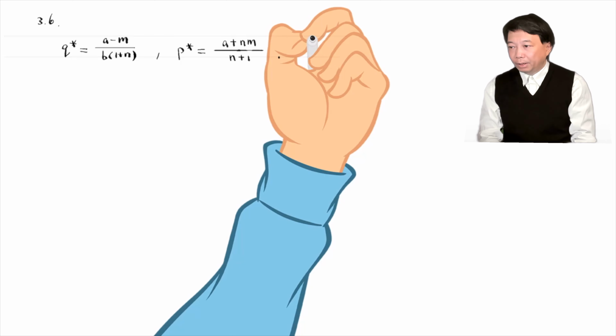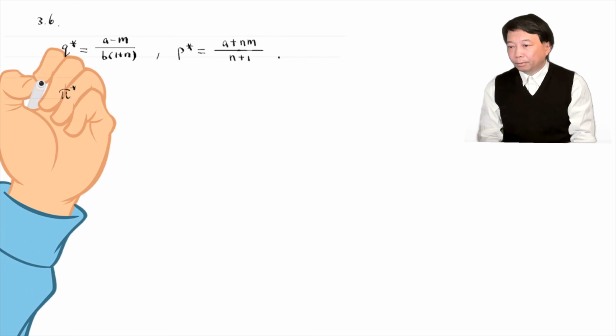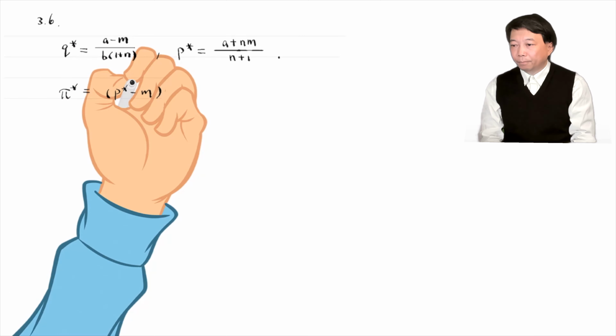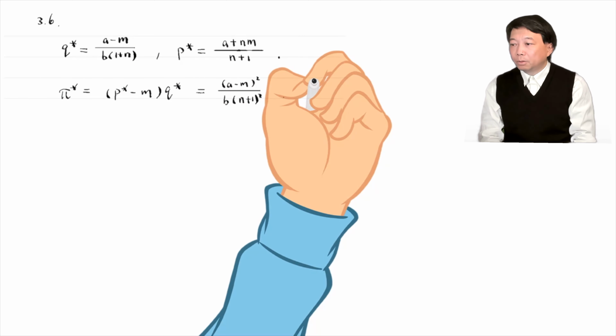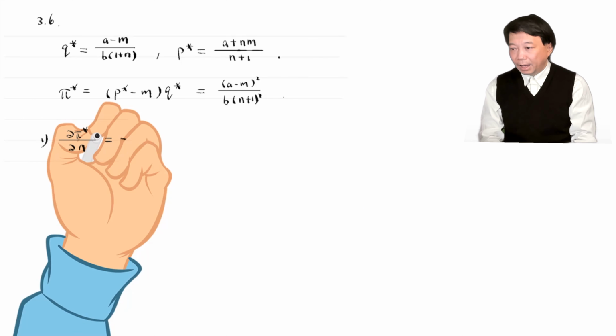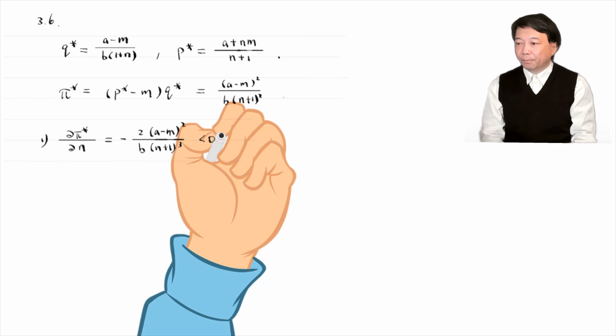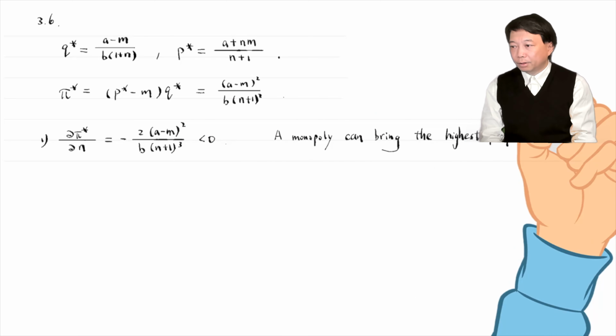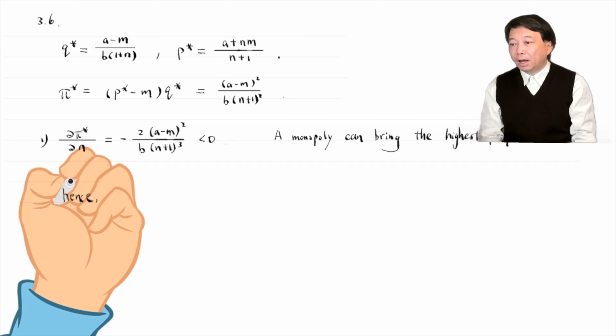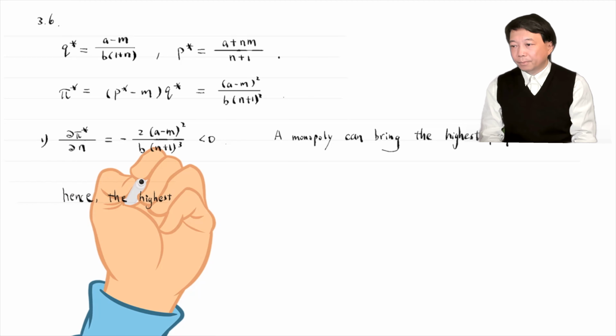We can calculate the firm's profit pi star. The partial derivative of pi star with respect to the number of firms n is negative. This implies that a monopoly firm can bring the highest profit and hence the highest rent.